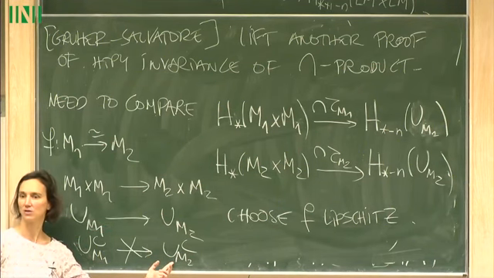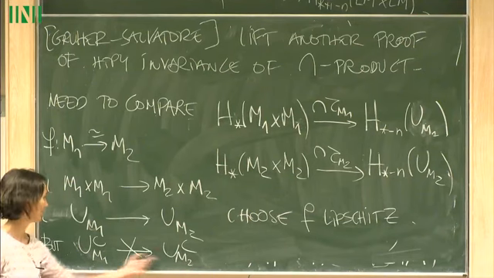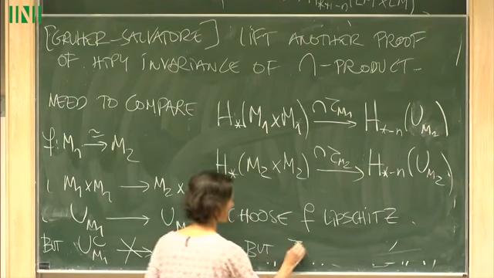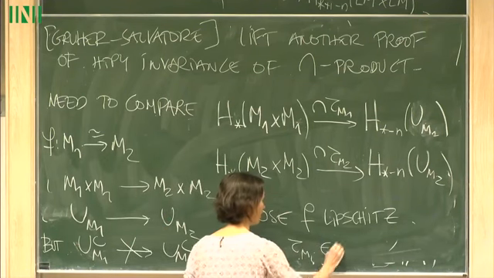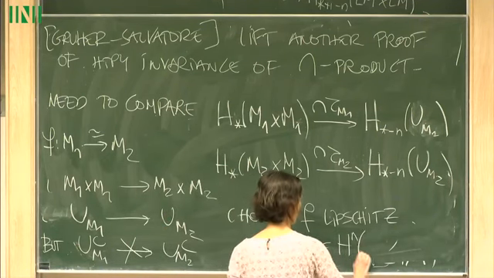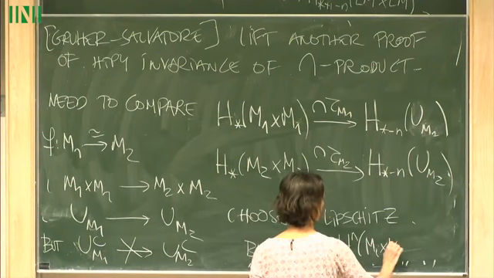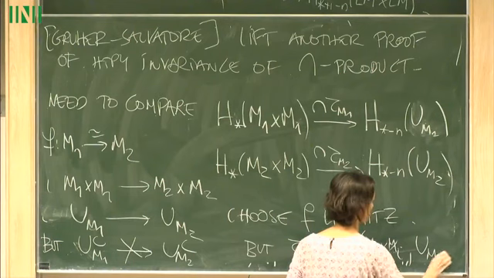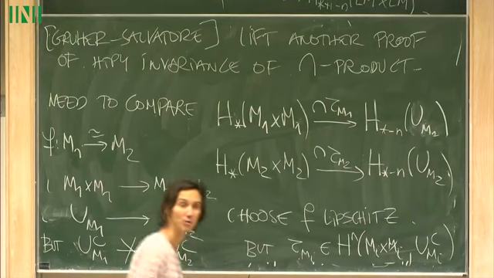So there's no obvious way you can push it out. But these classes live in Hn of Mi cross Mi relative to these complements, and it's totally crucial that it's relative to the complement.